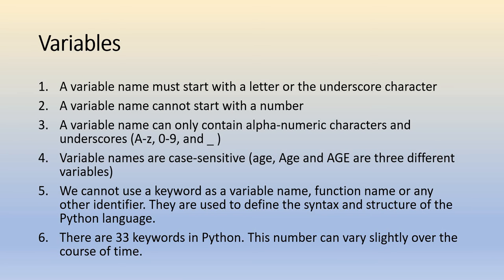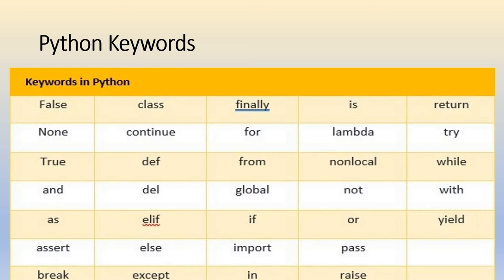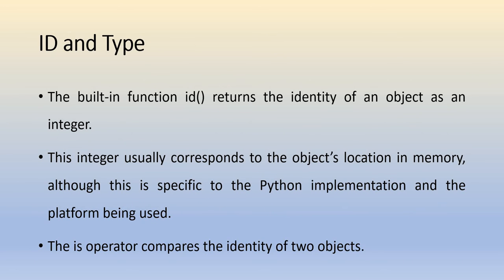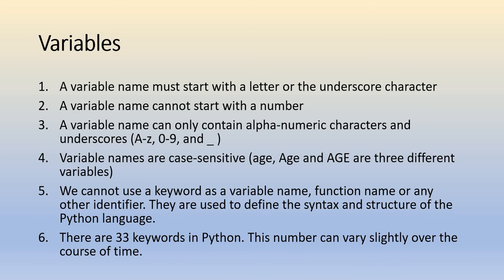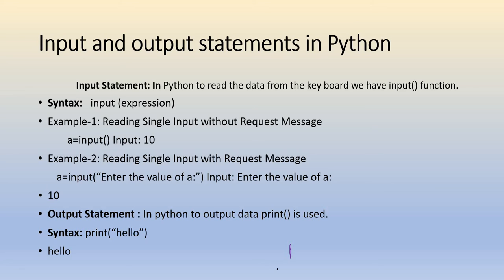So this particular video deals with all such things: literals, keywords, ID and type functions, data types and variables, and input and output statements. First of all, I want to start with input and output statements.